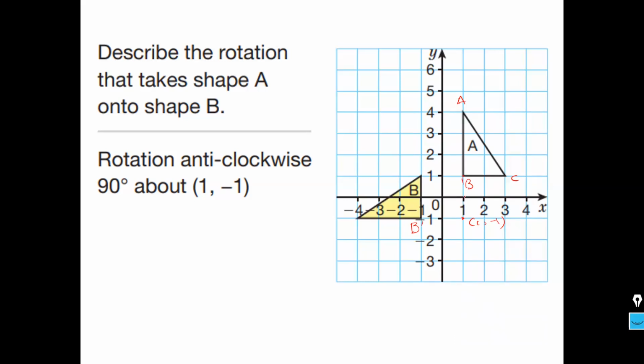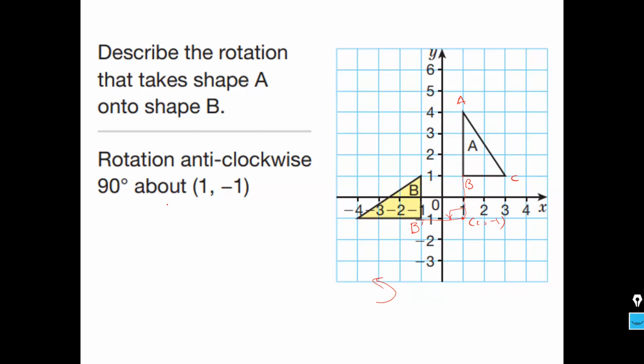This line B is making a 90-degree angle with this B' at the center point (1, -1). So this is counterclockwise. It has moved counterclockwise. So we can say that this is the anti-clockwise, or counterclockwise, 90-degree rotation about (1, -1).